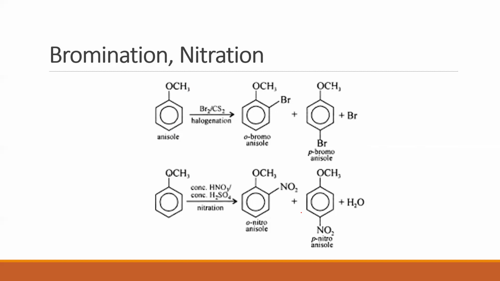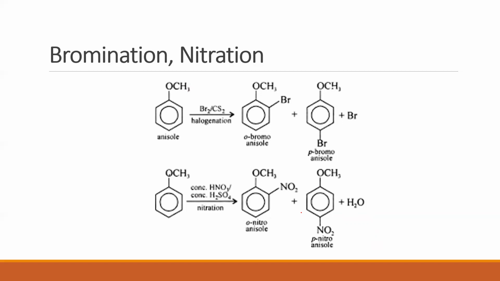Which were the two conditions? Yes, reaction of phenol with bromine water, and reaction of phenol with bromine and CS2. Both of them gave us different products, entirely based on the concentration of the electrophile. The same thing happened with nitration as well, where you can carry it out with either dilute nitric acid or concentrated nitric acid.